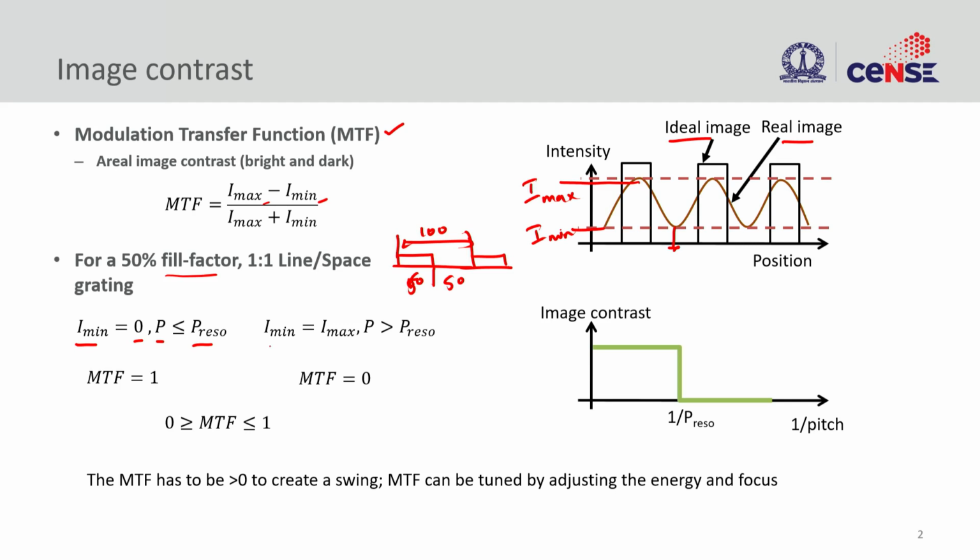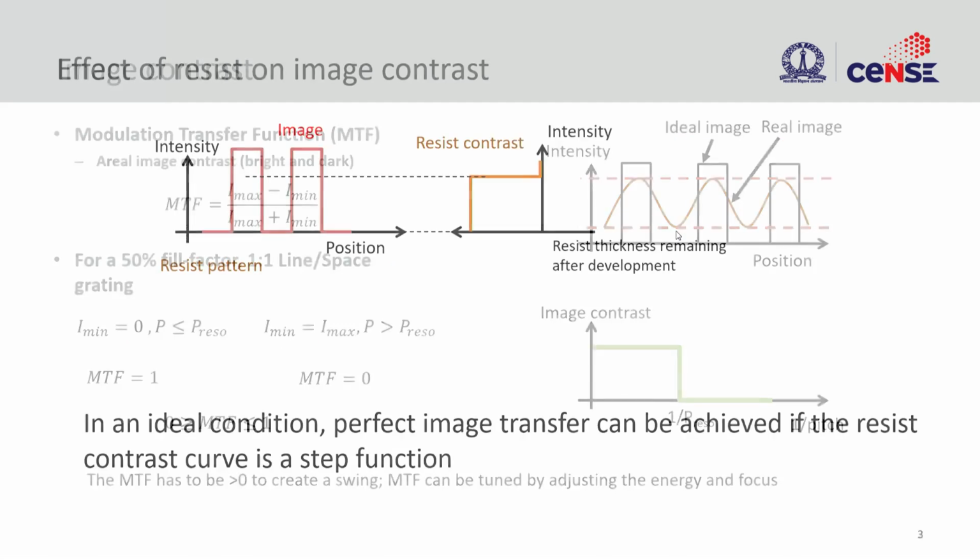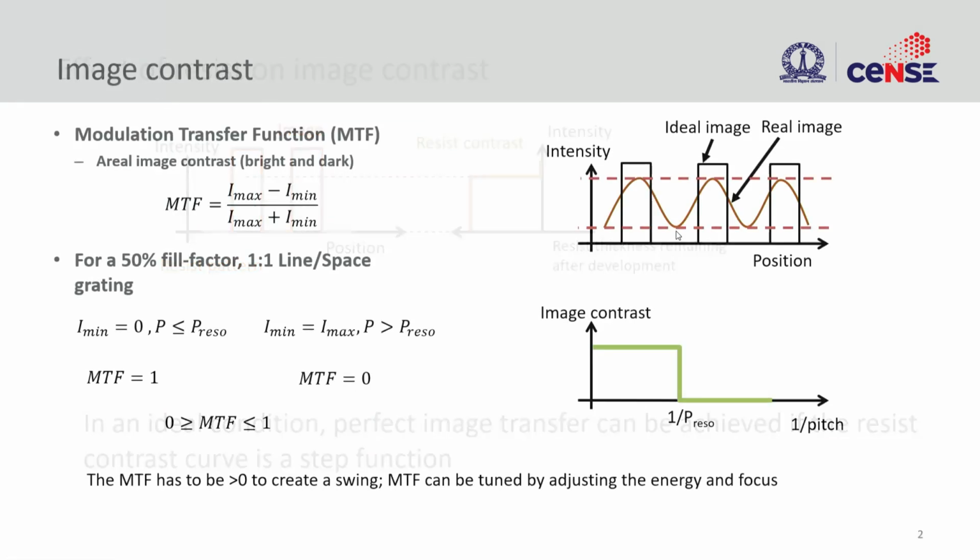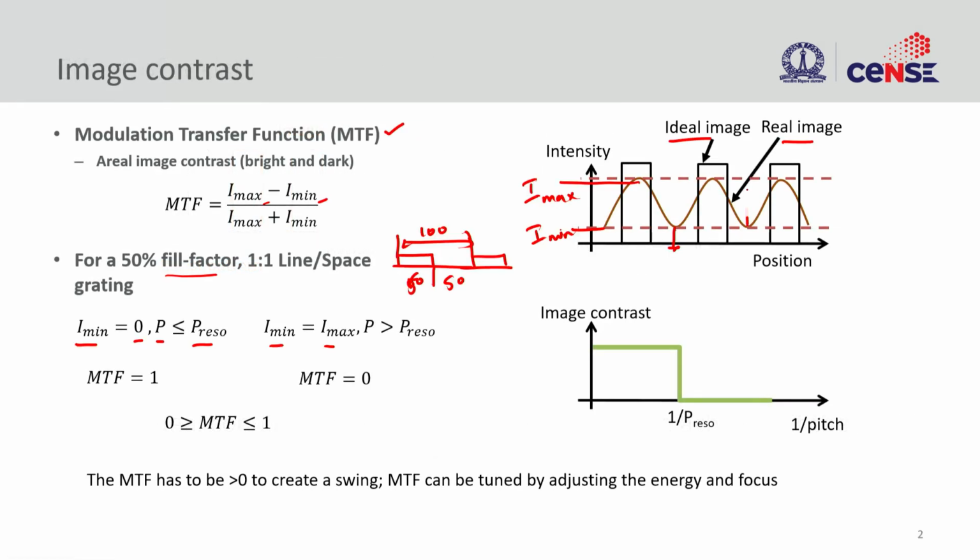But if my I min is equal to I max, that means there is no contrast at all in this system, and that means the pitch that I am using is greater than what the system can offer. It is beyond the resolution. So, the modulation transfer function in that case is 0, right.